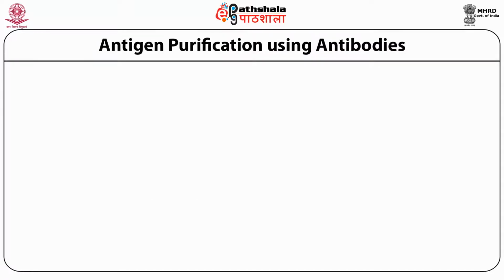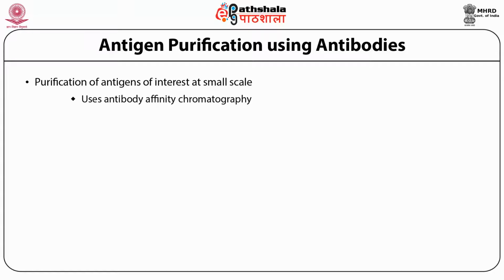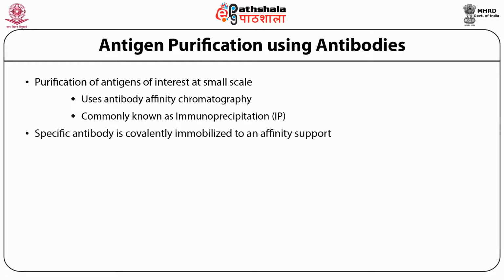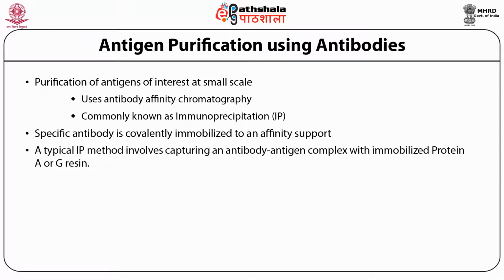In antigen purification using antibodies, antigens of interest can be purified at small scale using antibody affinity chromatography. This is commonly referred to as immunoprecipitation. In this method, a specific purified antibody is covalently immobilized to the matrix. A typical immunoprecipitation method involves separation of an antibody-antigen complex using protein A or G resin.